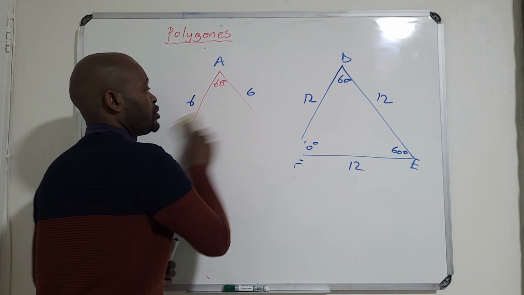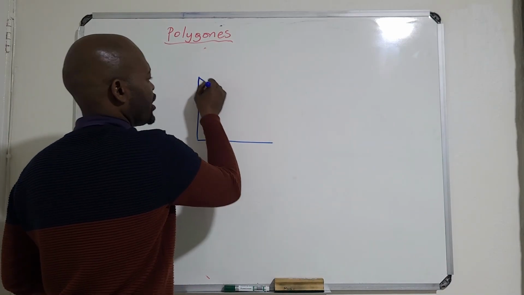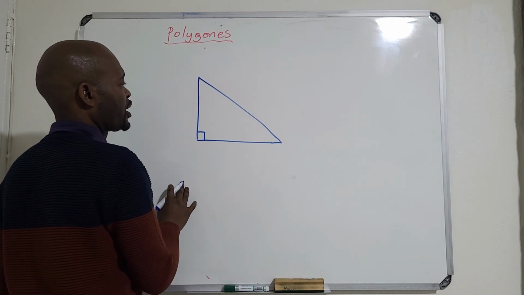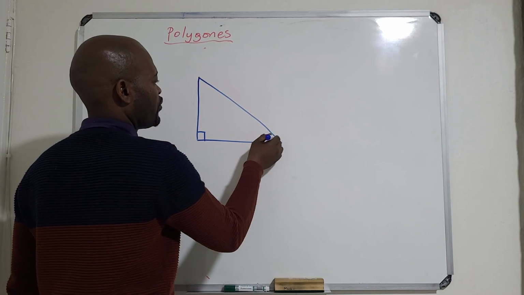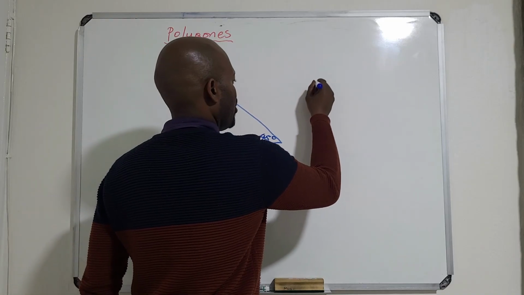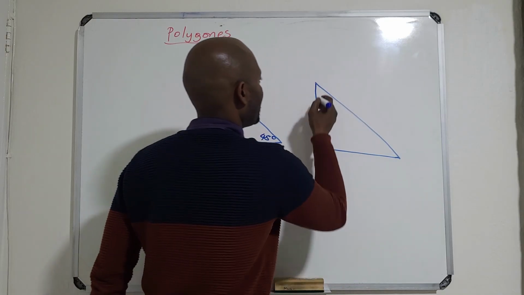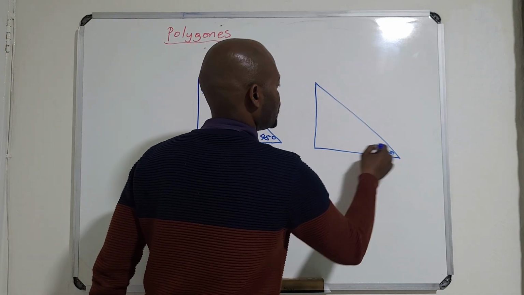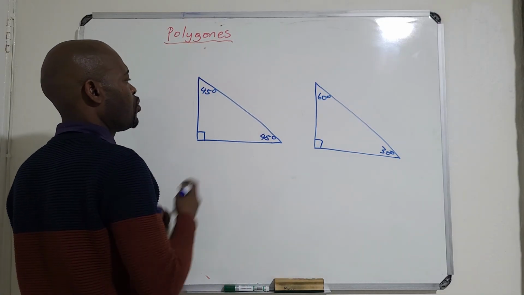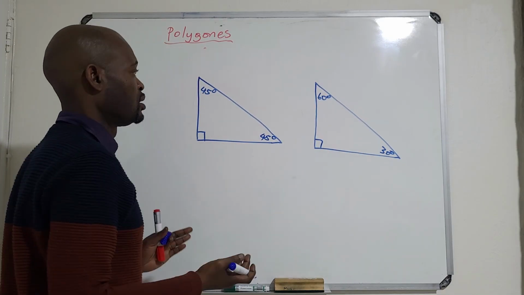Let's get another example. Right angle triangles. Not all right angle triangles are similar. If I've got a right angle triangle there with a 45 degrees, and I also have another right angle triangle there with a 30 degrees, 90, 60 degrees. Already we can see that corresponding angles are not equal.